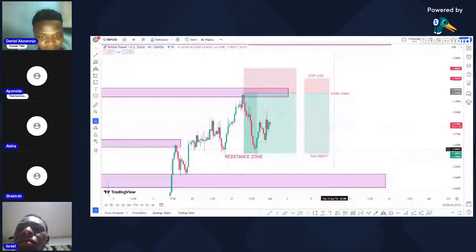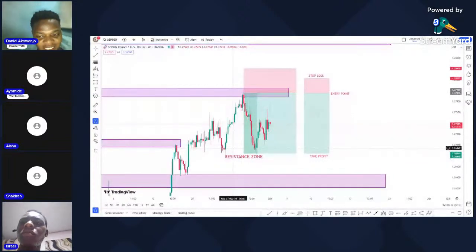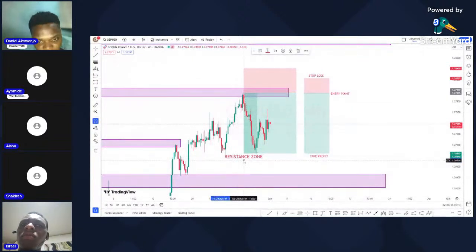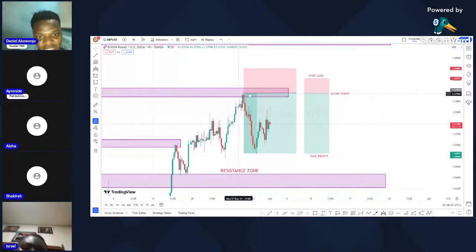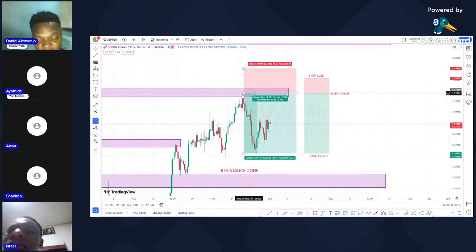That is where understanding the rule of support and resistance comes in. Once you understand that price got to a support zone, a resistance zone, and that's where we are about to sell, what you want to do is take your short and set your stop loss.